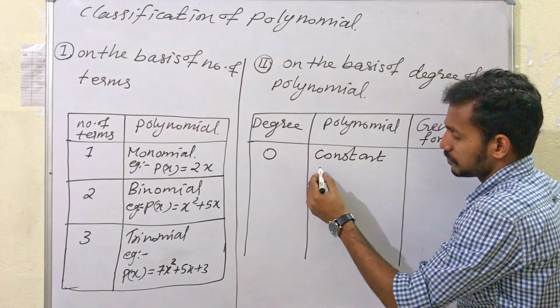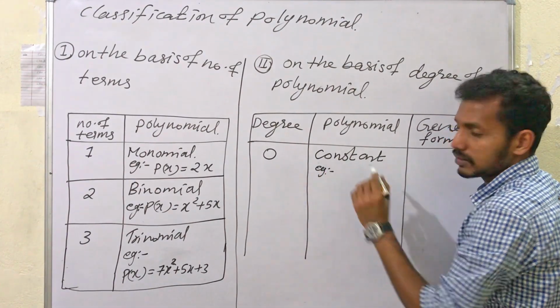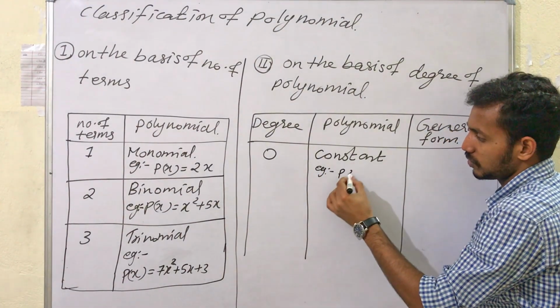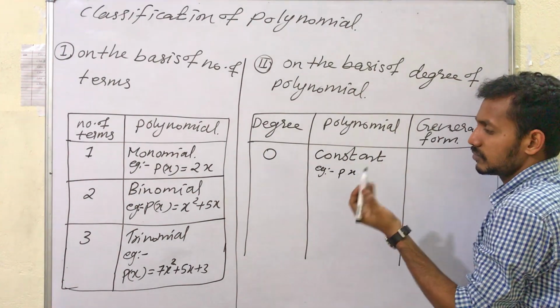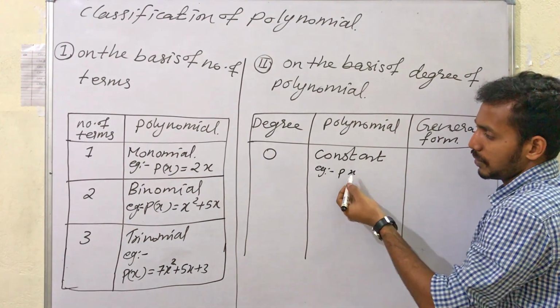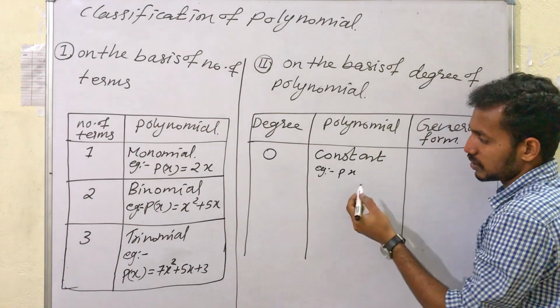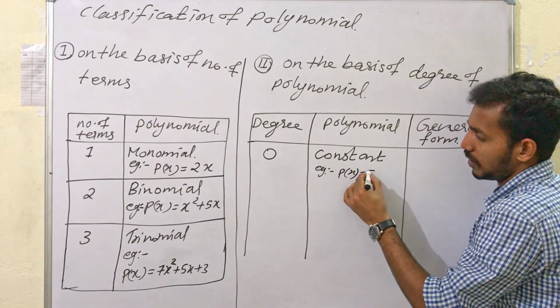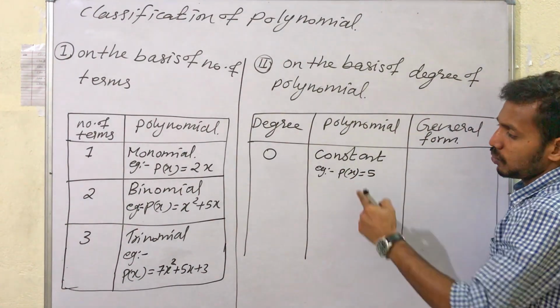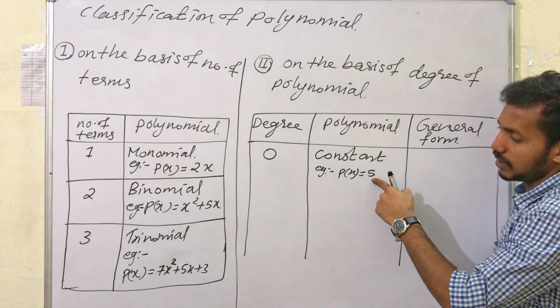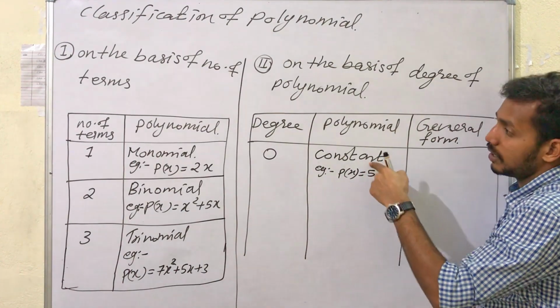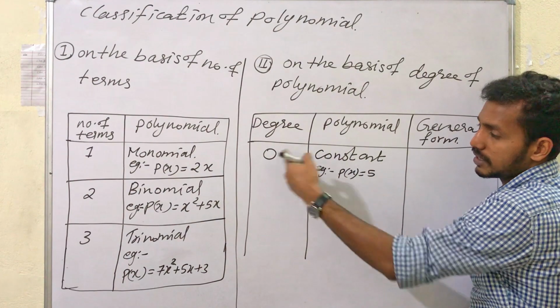For example, we can write p of x equal to anything, suppose we are writing 5. 5 is a constant. Why is it called a polynomial and why is its degree 0?